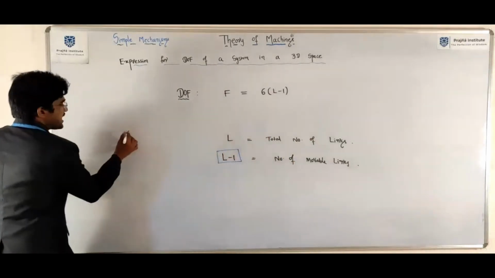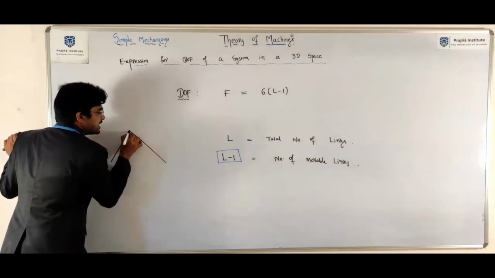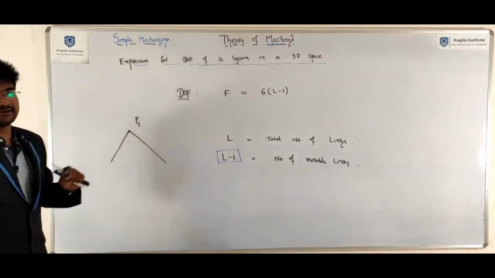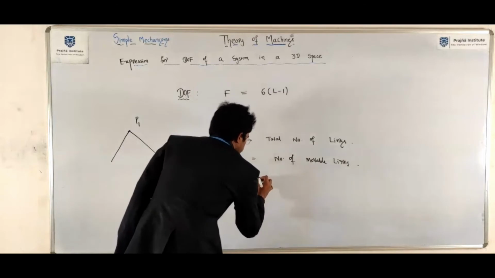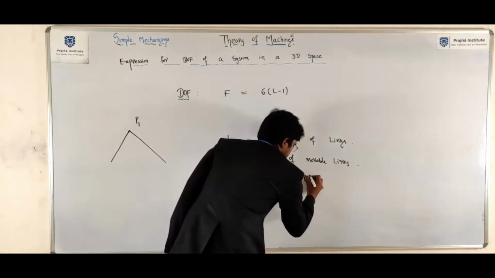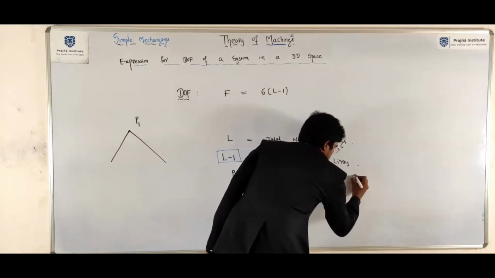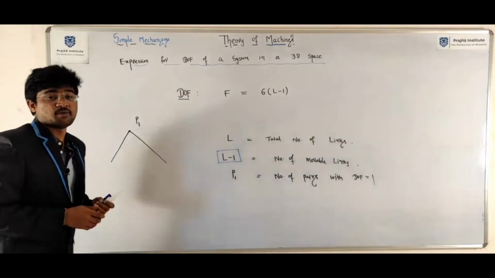Now, I connect them by using a binary joint with degree of freedom 1. P1 equal to number of pairs with degree of freedom 1.